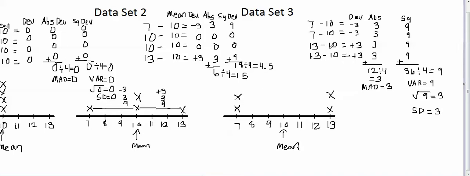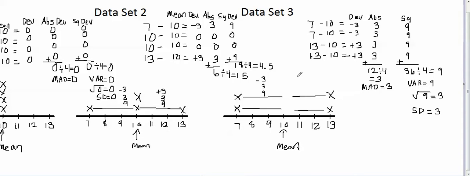Over here, I took my new set of 4 numbers. I calculated the 3 values the same way. Now I can actually draw a number line connecting each value to the mean of 10, like this. And I can start with the first 7, put the deviation, absolute deviation is 3, squared deviation is 9, put that there.